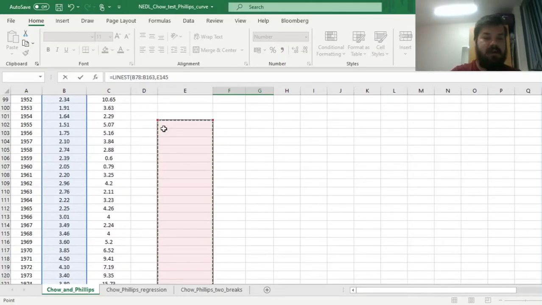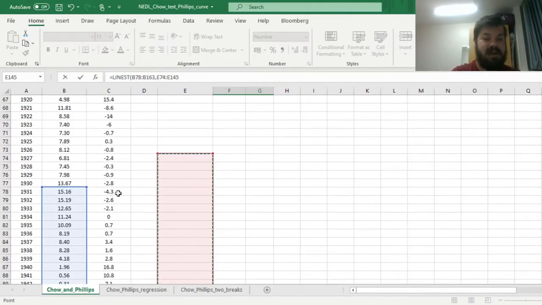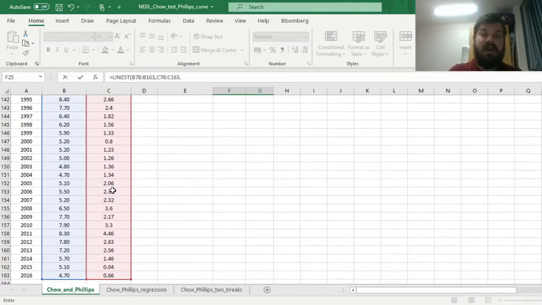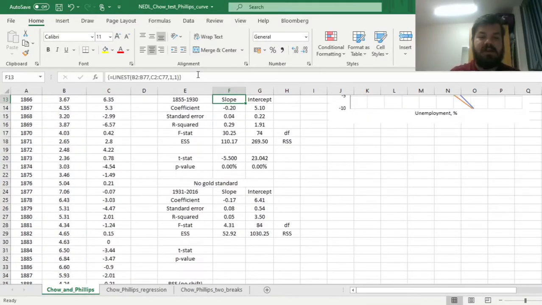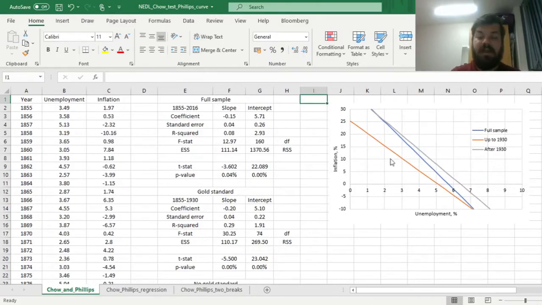And do the same for inflation, our independent explanatory variable. And here we still need the constant for the natural rate of unemployment, to see how it changed, if any, and we need to apply 1 here for additional statistics. And here we can enforce it using Shift-Control-Enter, and we get our regression output and the gray curve that represents the Phillips curve for the post-gold standard era.